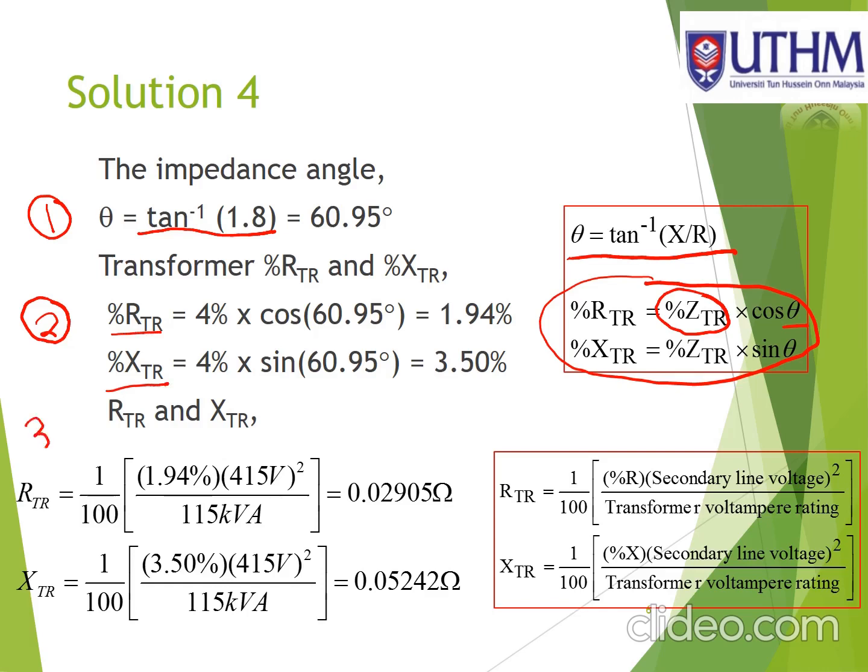The third step, we have to calculate R_TR and X_TR using this formula. Put all the values in the formula and we get R_TR in ohm and X_TR in ohm.